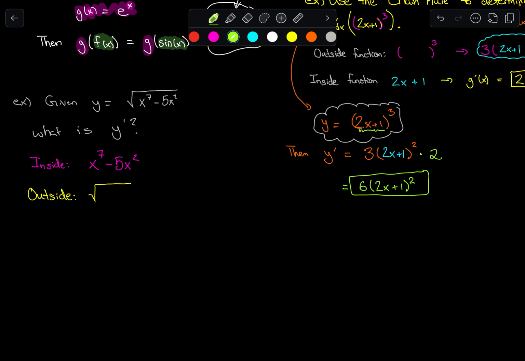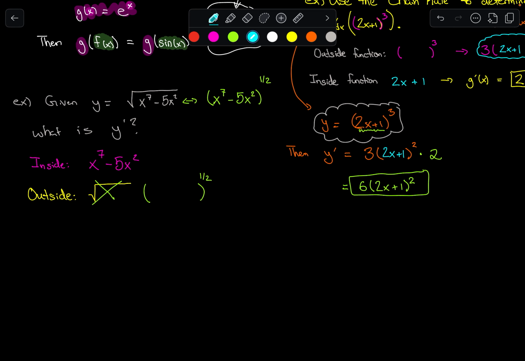So we're going to use our mathematical proficiency and say, oh wait, this is the same thing as x to the 7th minus 5x squared raised to the 1/2 power. So our outside function, you can think about it like the square root, but it's better to think about it as all of that stuff raised to the 1/2 power.